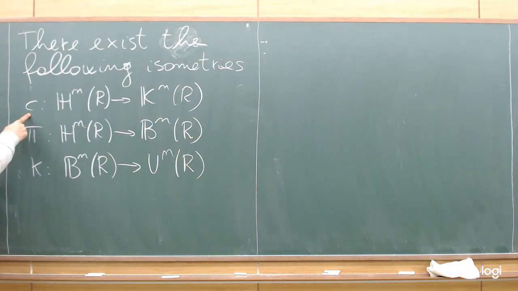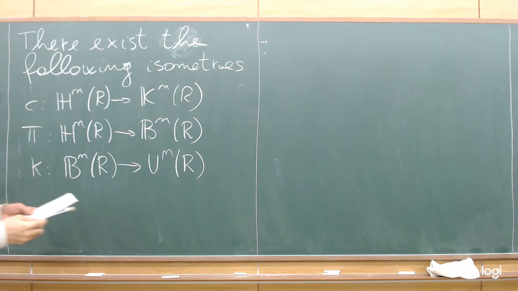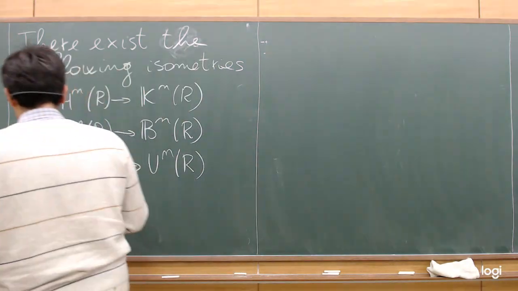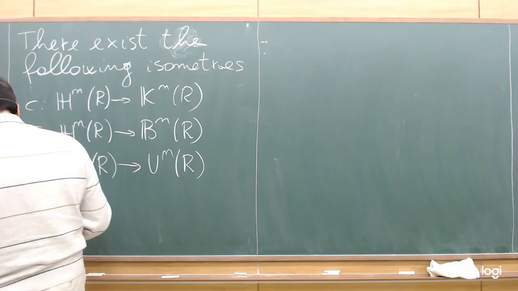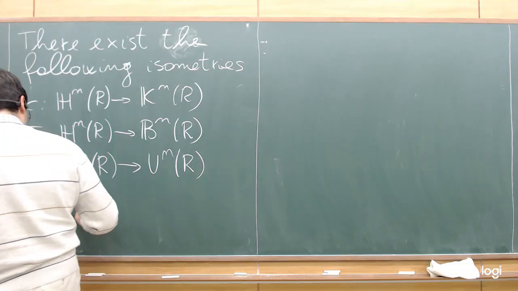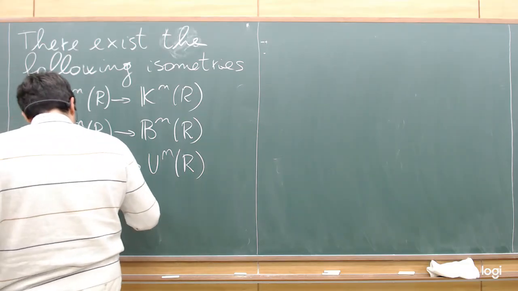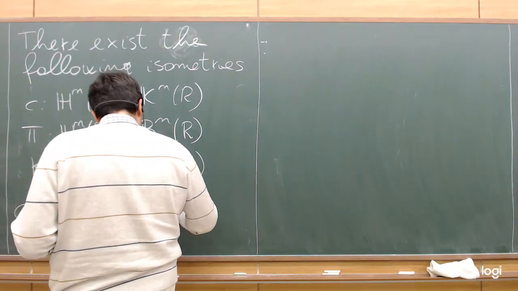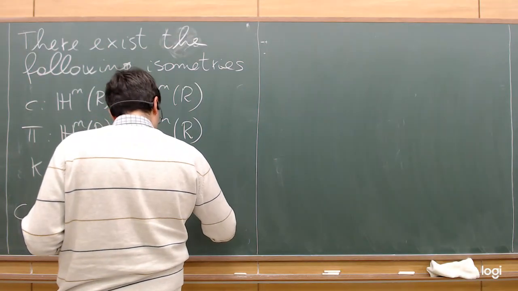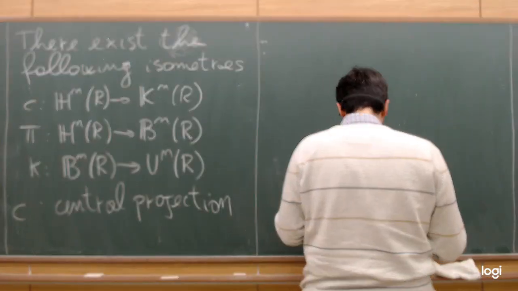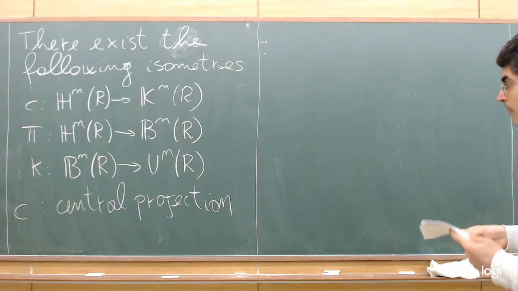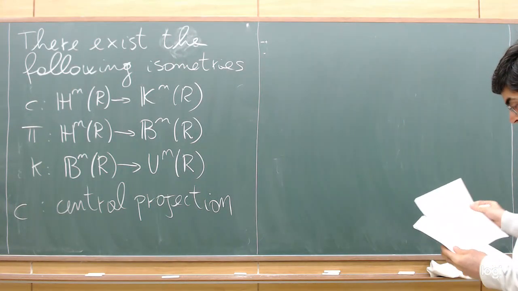Let's see how to construct the isometry denoted by C. This is what we call central projection, and it is defined this way. I need to make a picture.